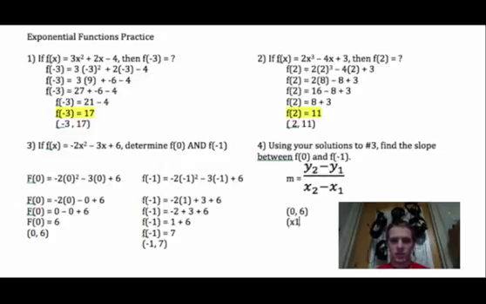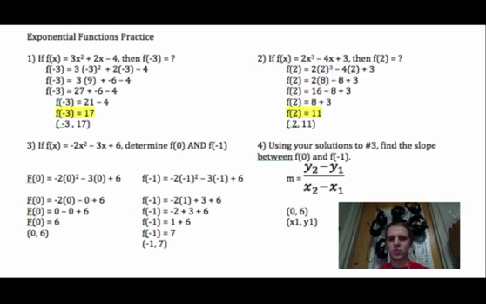If that's your x1 value, this should be your y1, which would make this your x2 and your y2. So when you substitute those values in, y2 minus y1 is 7 minus 6. Then x2 minus x1, negative 1 minus 0.